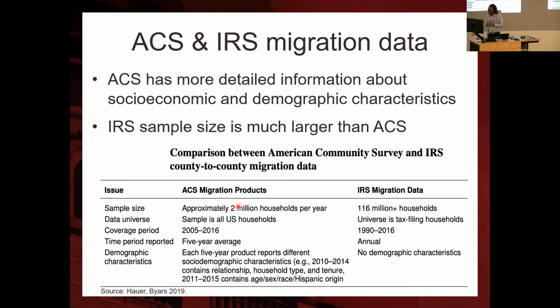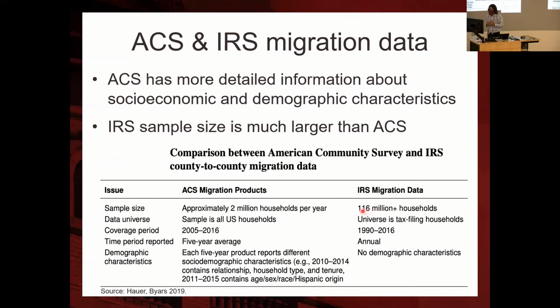So usually if you are breaking the population by several social demographic characteristics and trying to understand migration, it's better to merge ACS every 5 years. So usually we work with 2005, 6, 7, 8, 9 all together, right? From 2010 to 2014 and so on.